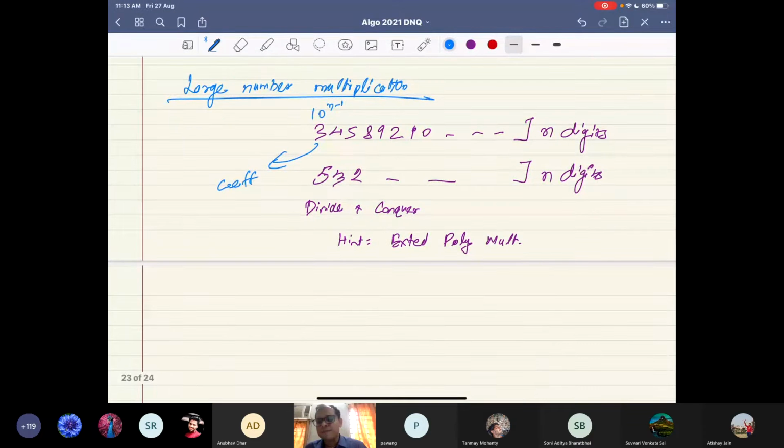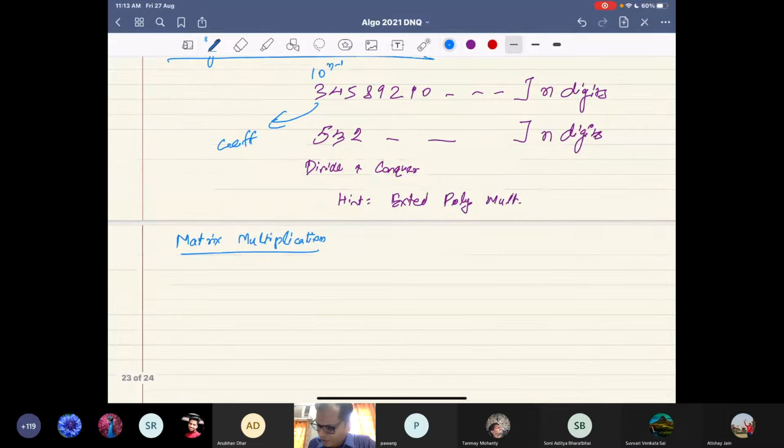Another very interesting problem that you can do is called matrix multiplication. This is not so straightforward, so I'll come back to that after I give you another example, but I'm just putting this down. You can use similar ideas for matrix multiplication, just that the trick there is not so obvious.